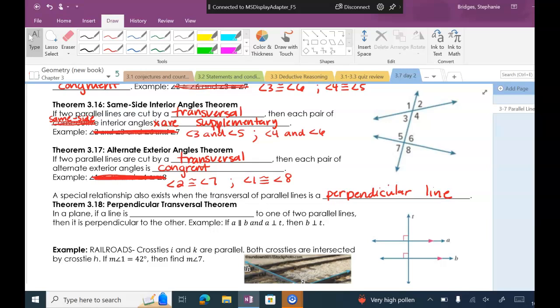And that special relationship says in a plane, if a line is perpendicular to one of two parallel lines, then it is going to be perpendicular to both. I'm going to explain that in that picture in just a second. Okay? In a plane, if a line is perpendicular to one of two parallel lines, it is going to be perpendicular to both parallel lines.